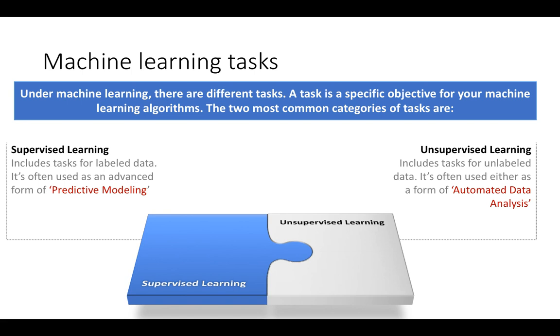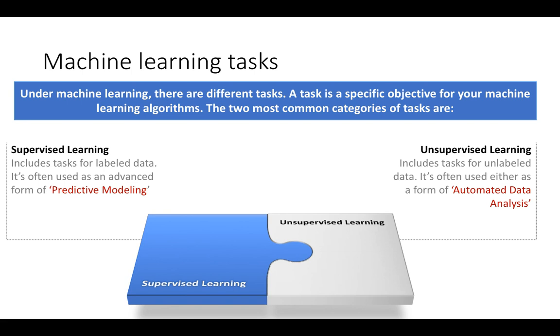That labeled data can be used to learn and build predictive models. That is the kind of models we create within supervised learning. It is often used as an advanced form of predictive modeling.